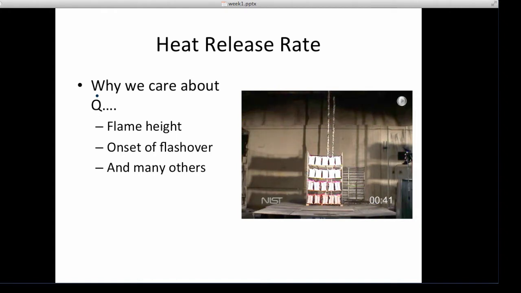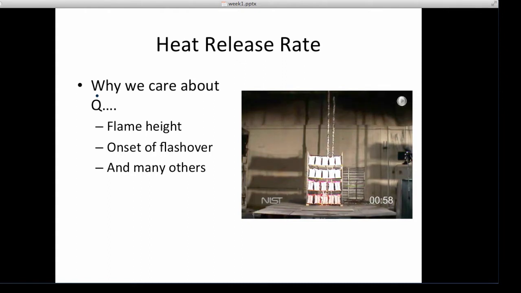If I have that, I can predict something to find out what the peak heat release rate might be. And what's useful with that, then I can plug it into some calculations and we can start predicting maybe what the flame height might be or when a room might flash over.